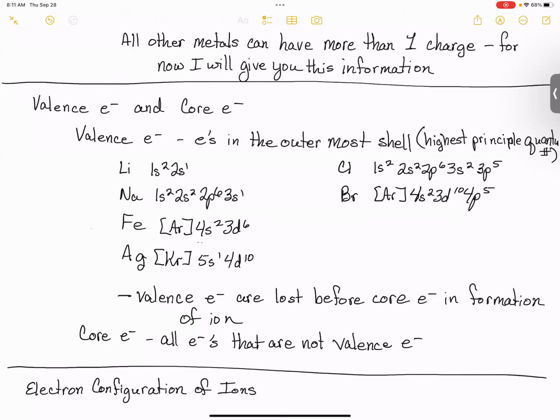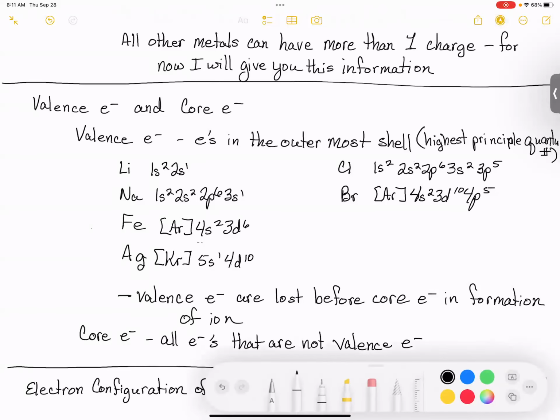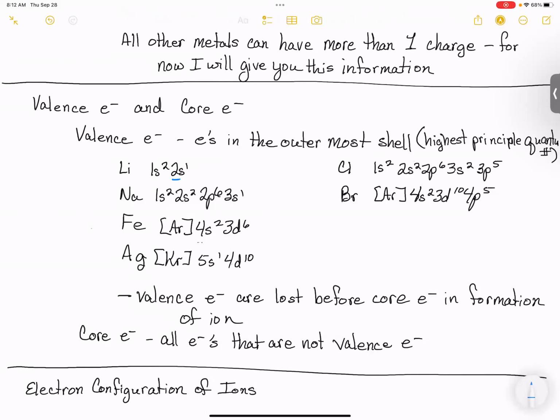So before we move forward, let's talk about how to determine the number of valence electrons. In lithium, the electron configuration is 1s2, 2s1. The highest shell, the highest quantum number, is 2.